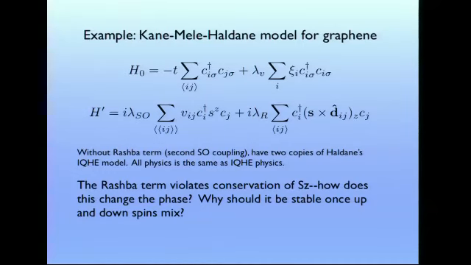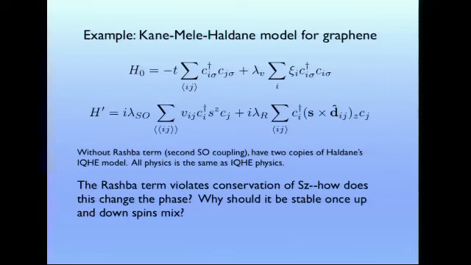And the way they stumbled on their result was nice. They took 2 copies of a famous model introduced by Haldane in 1988, basically 2 copies where, note that SZ appears here, which means that it's like a magnetic field one way for spin up and one way for spin down. So this made 2 copies of the quantum Hall effect.